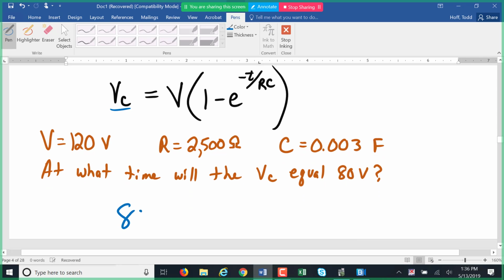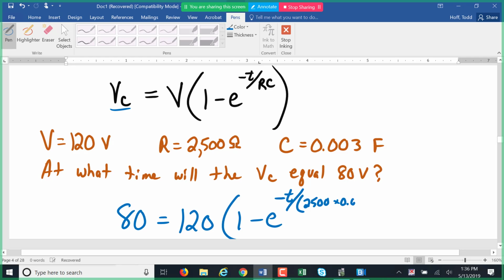So we're putting 80 in for Vc. Equals, our applied voltage is 120, times 1 minus e to the power of negative t. T is what we're solving for. I'm going to put R times C in parentheses here. That's going to be 2,500 times 0.003.